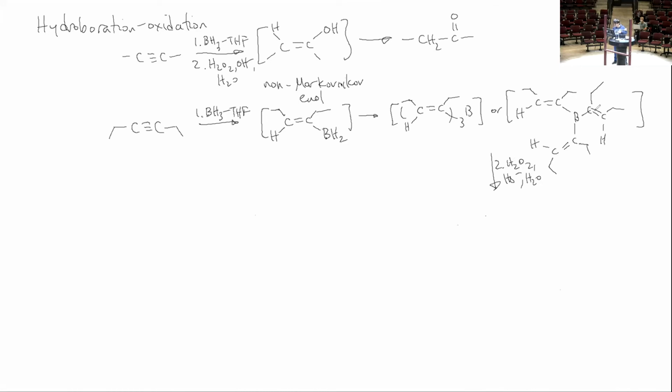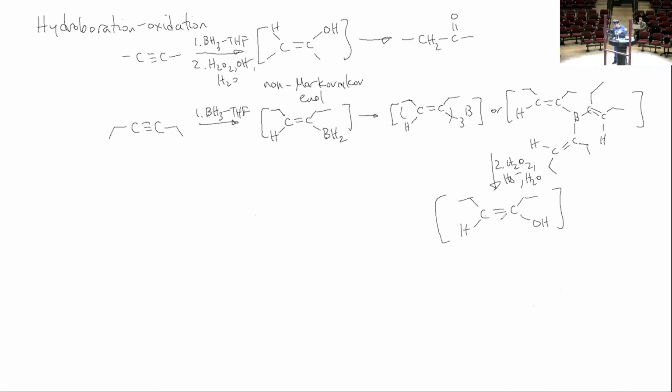And then after the oxidation step, these three all become the same thing. And what you get by the mechanism, which again, we already know, the same exact arrows in the same exact places, is that it's going to replace the boron with an OH group. That's the end result of the mechanism. So please be sure that you still know the mechanism, but it's exactly the same as with alkenes.